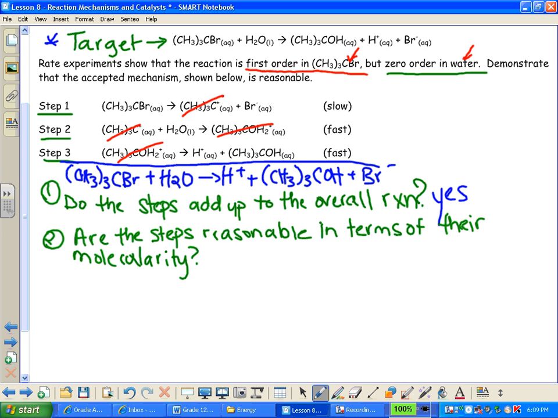And that's referring to the number of particles involved in the elementary reactions.